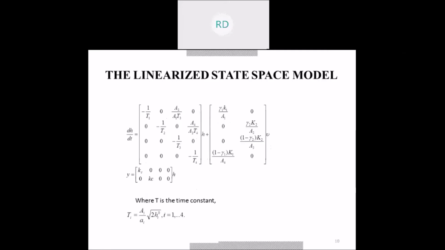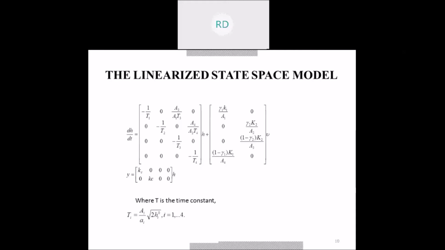I'm substituting them, and then transferring into the state space model. Actually, this is the linear equation model. The mathematical model should be converted into a linearized state space model in matrix form. So dh/dt is equal to the differential height of the tank plus the input, and y is the output equation, where T is the time constant, Ti equal to Ai divided by a root of 2hi.